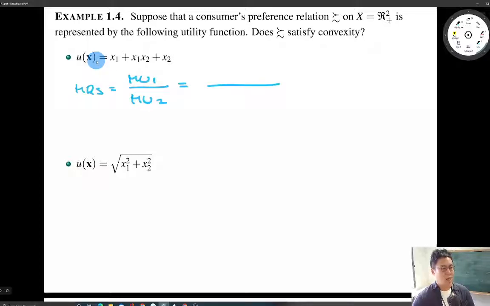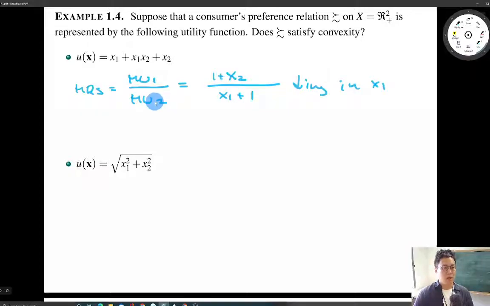So MU1 is going to be the partial derivative of this function with respect to good 1. So we have x2, 1 plus x2. And the marginal utility from good 2 is going to be x1 plus 1. Okay? So that is decreasing in x1.